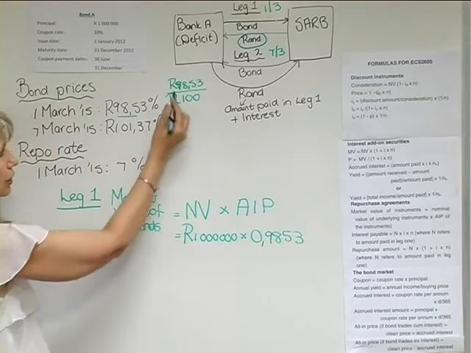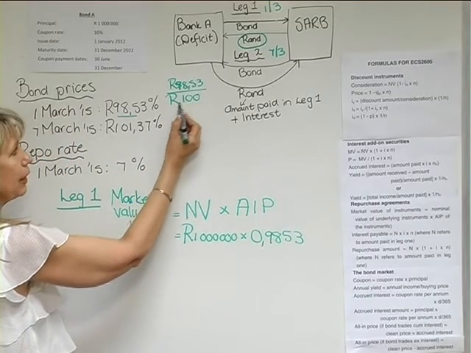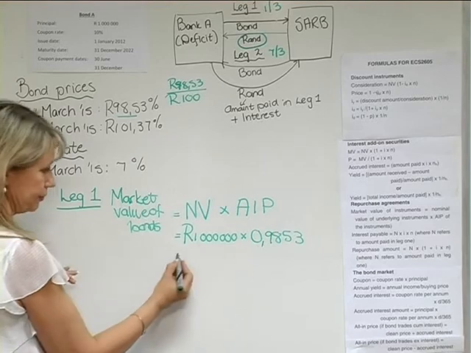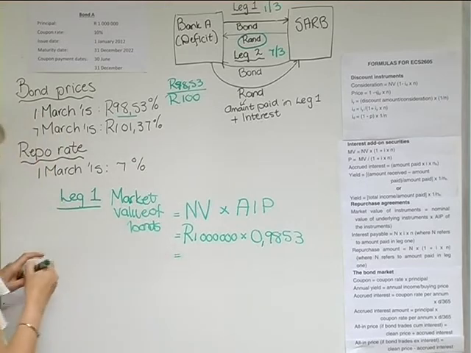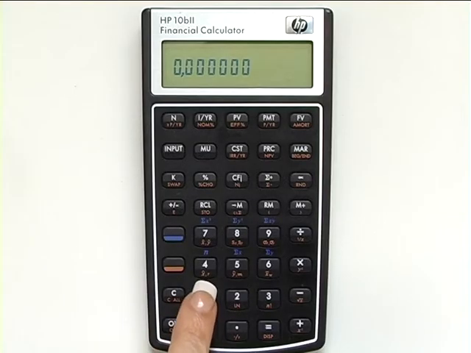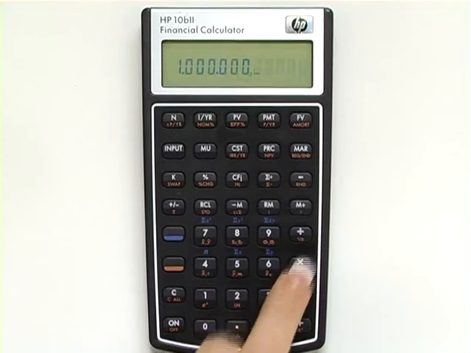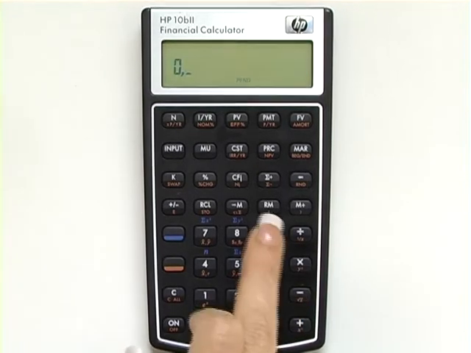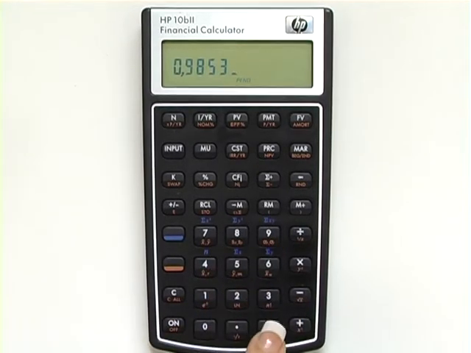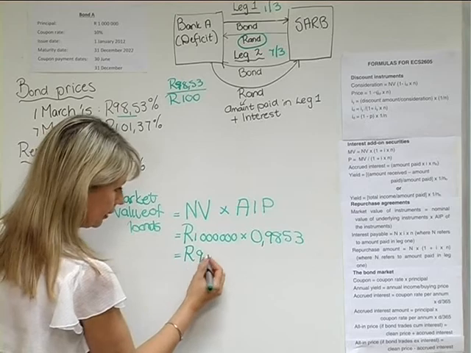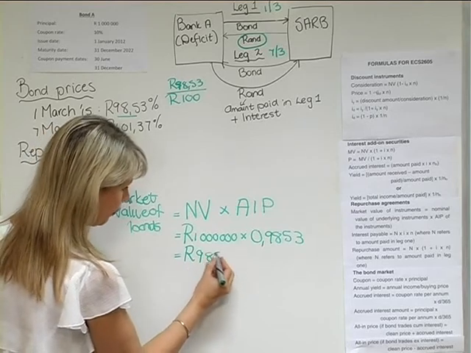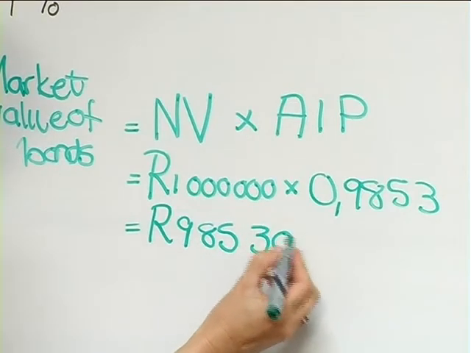So you use 98.53 divided by 100. If you do that calculation using your calculator, it is 1 million times 0.9853. So that gives you 985,300.